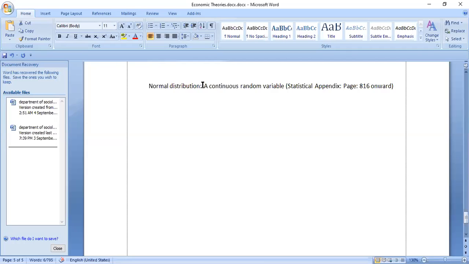But see, the name indicates that if this is normal, then what about the other continuous random variables? What do you want to call them?